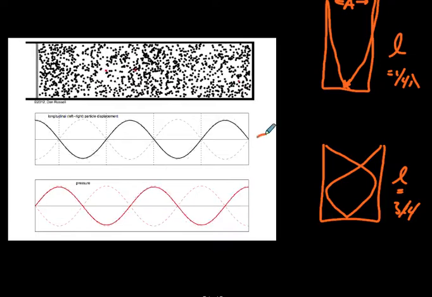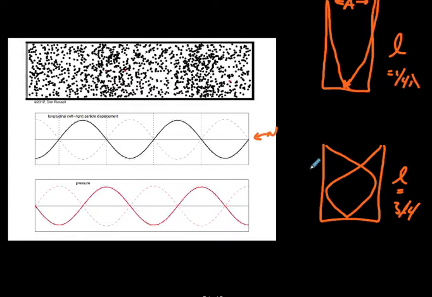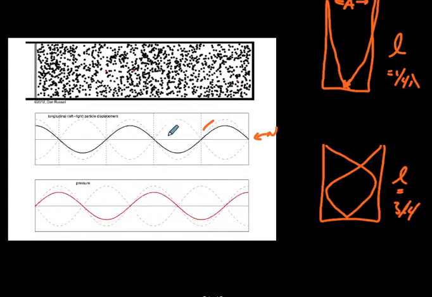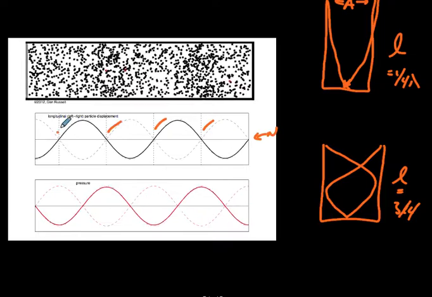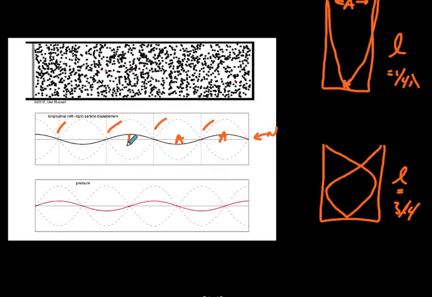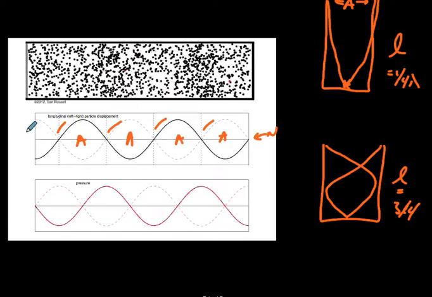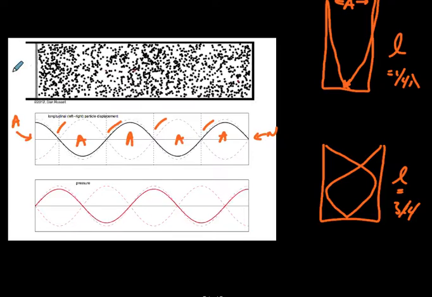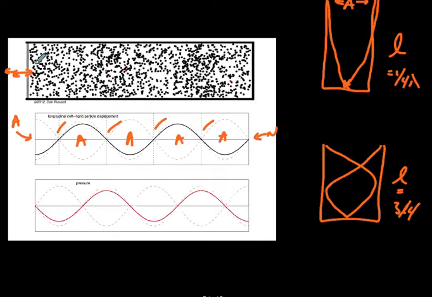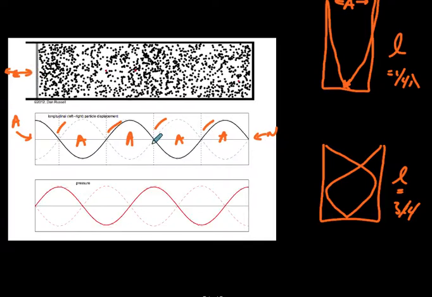You notice you have a node at the end. Node, node, node, node. You've got an antinode, antinode, antinode, antinode, and then you have to have an antinode at the opening, because you got to be able to send this out into the air. You wouldn't be able to hear it if you didn't have it out into the air. Okay.